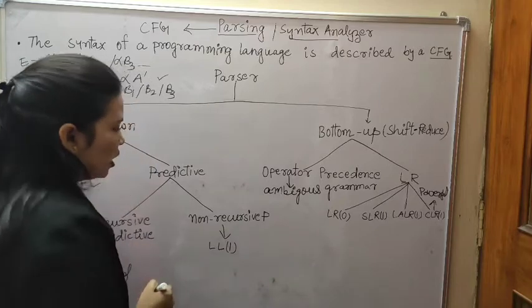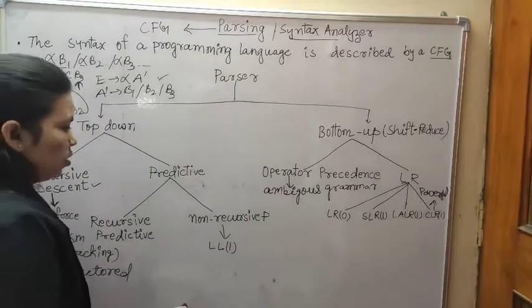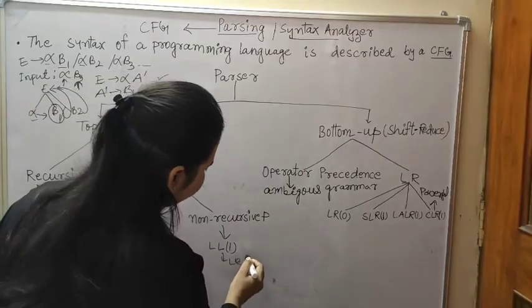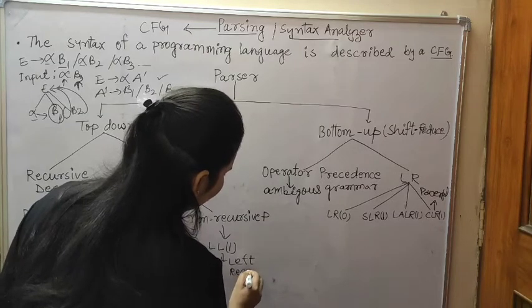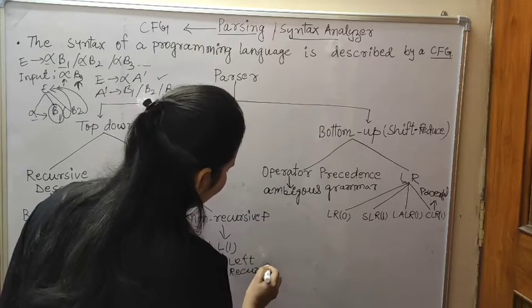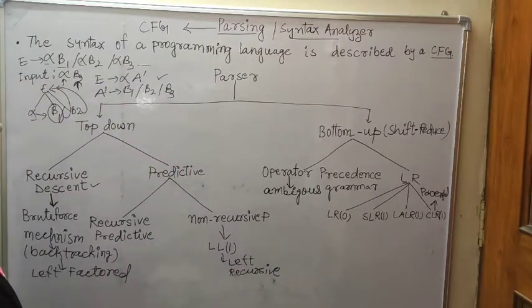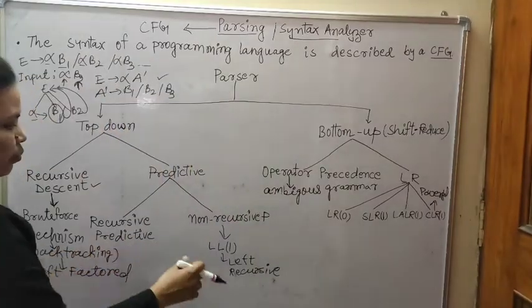For non-recursive predictive we use LL1 grammar. LL1 grammar suffers from left recursion. Let us see now what left recursive means.